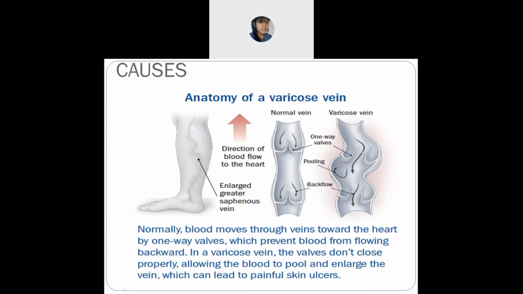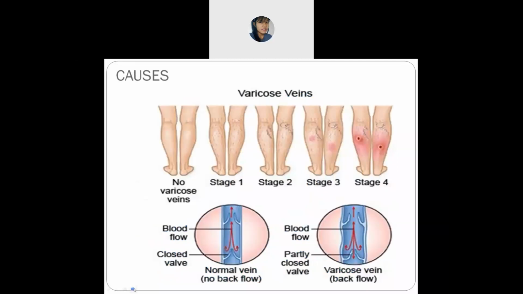Enlarged means it will become greater in size. Since there is a blood clot, obviously it will puff out. So ultimately it will lead to this, and as a result the person will have skin ulcers also, right? Skin ulcers.